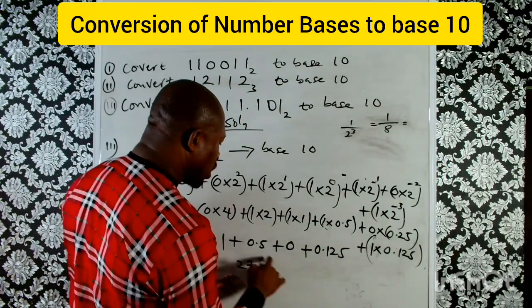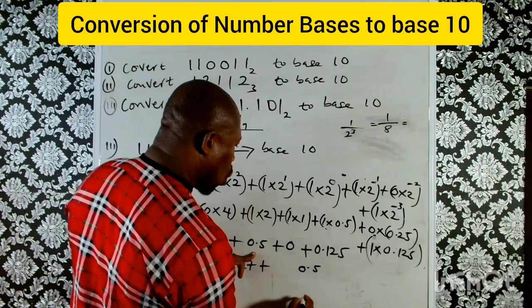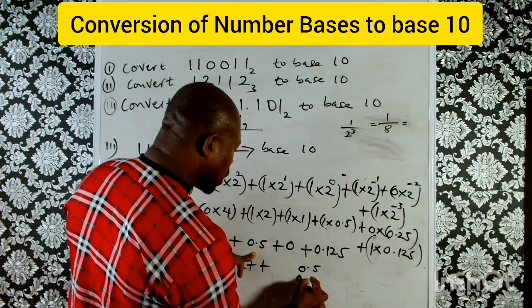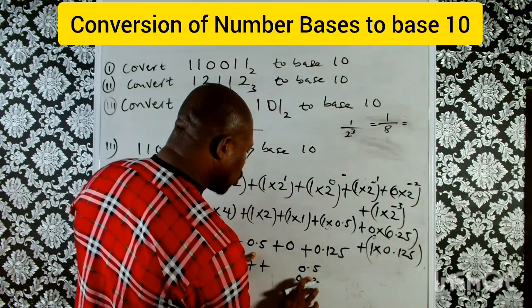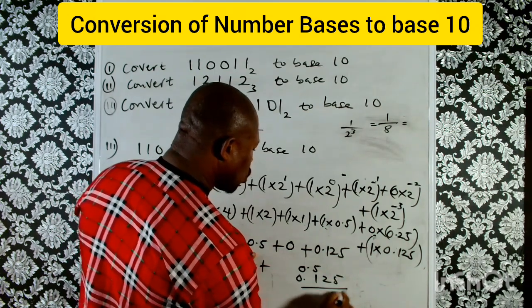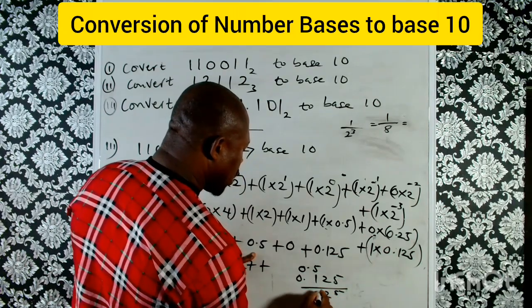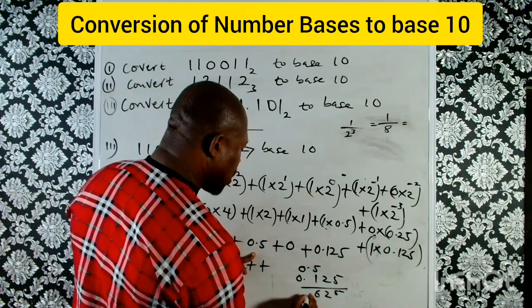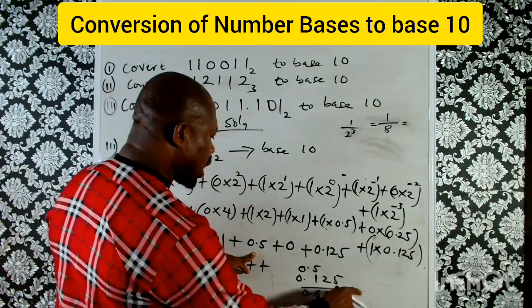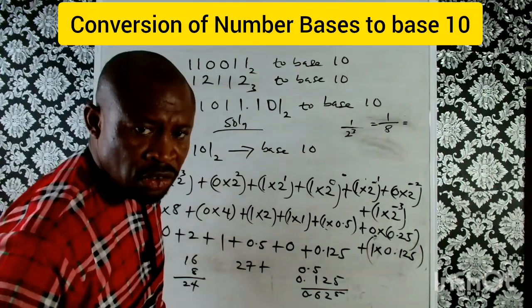Now we have 0.5 plus 0.125, which will give us 0.625.